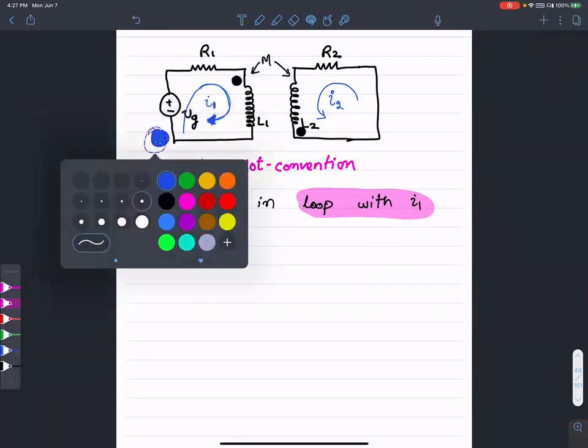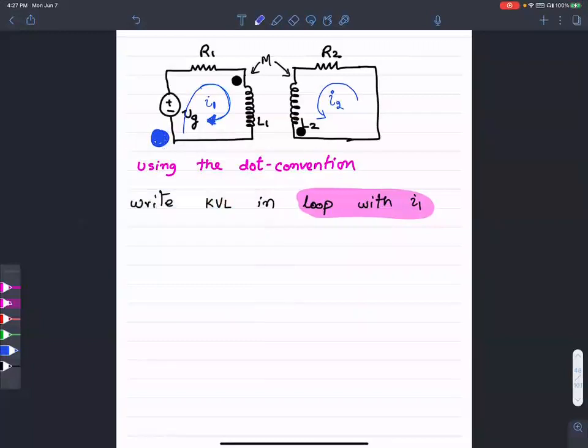Let's bold this. I am going to annotate this as plus and minus. So here is how we write the KVL. We start at the bottom left corner and follow the direction of the current. I encounter a minus VG first, so I write a negative VG.